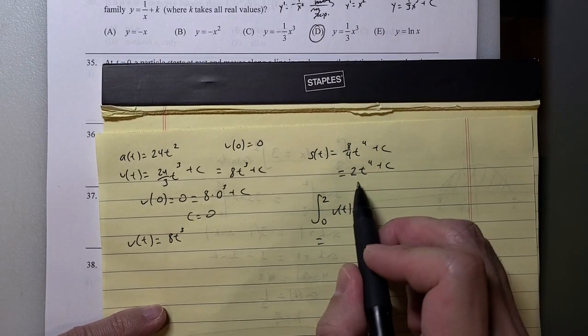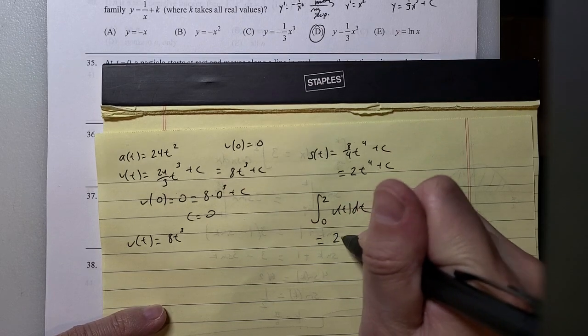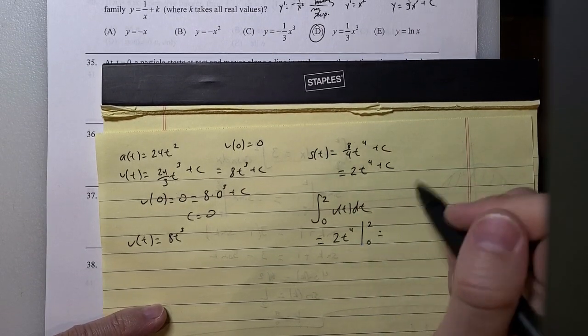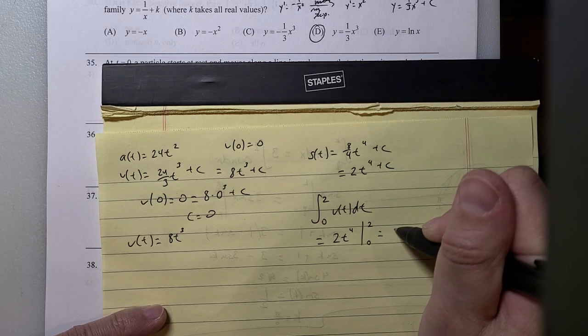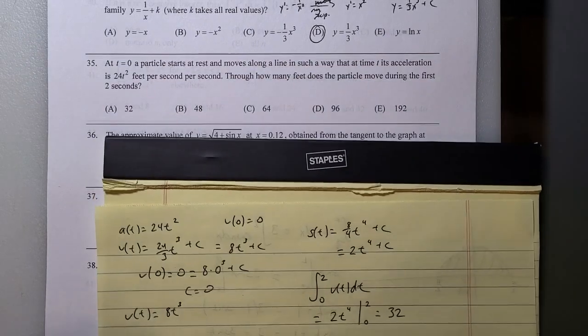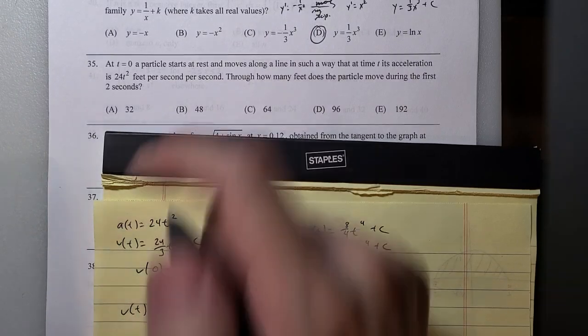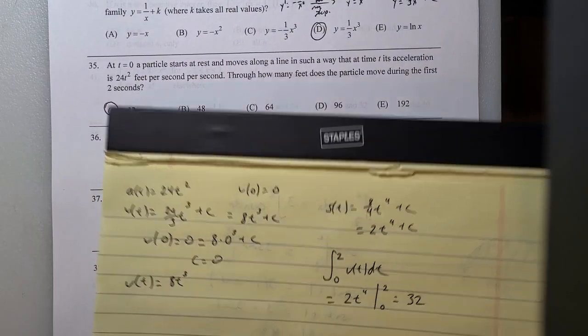We can just do 2t to the 4th, evaluated from 0 to 2. 2 to the 4th is 16, 16 times 2 is 32. So is that the answer? 32 is A. Yes.